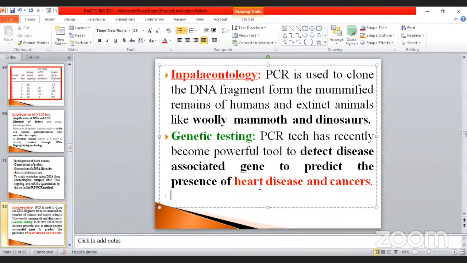Which gene is responsible for cancer cells? You can easily identify it. So if that gene is present in any person, he will suffer or he has suffered from heart disease or cancer. We can easily identify it, so find out the gene and then remove it. Okay, that is another important thing.